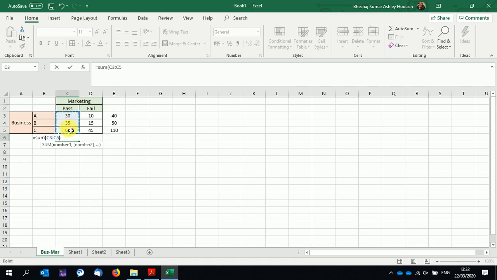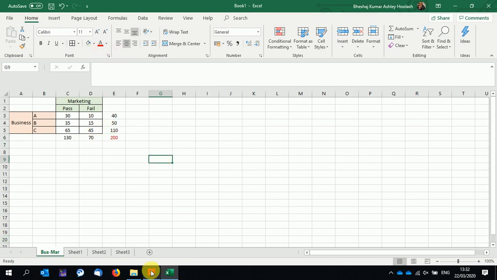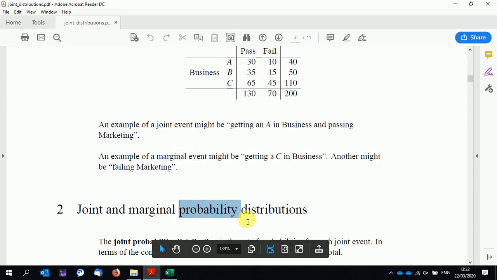And these would be the values representing the marginal event. And here it is the total, but it could be obtained by adding these three numbers or by adding these two numbers. So let's just focus on one here. I can find the total number of students who participated in this survey. Right. Now I can find the probability distribution.